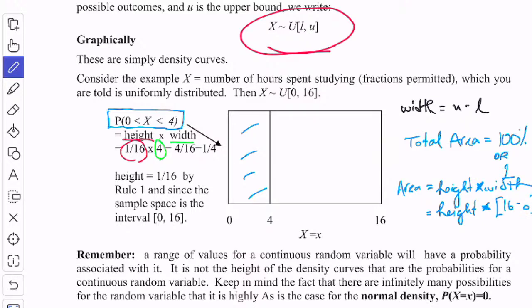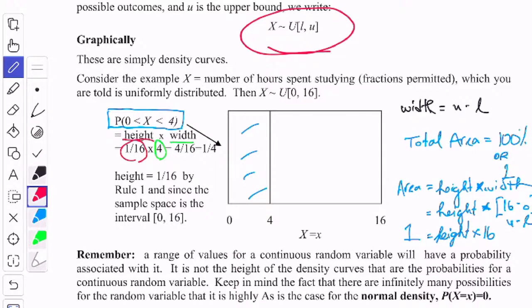So it's really height times 16, and this has to be 1. So does everybody see how I know that height must be 1 divided by 16? It's algebra.